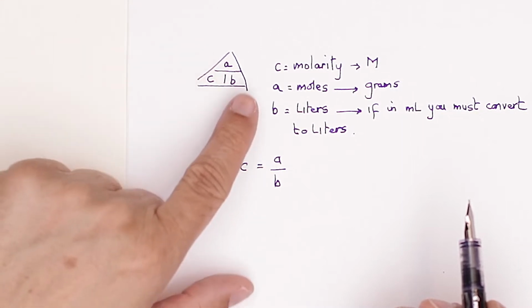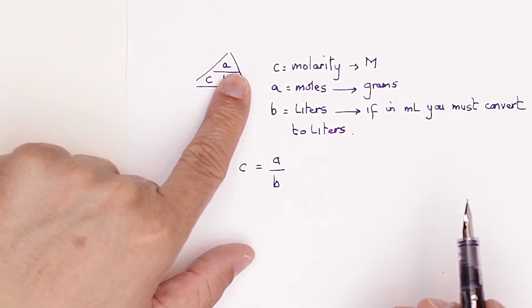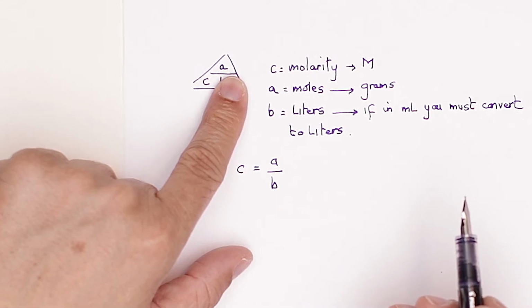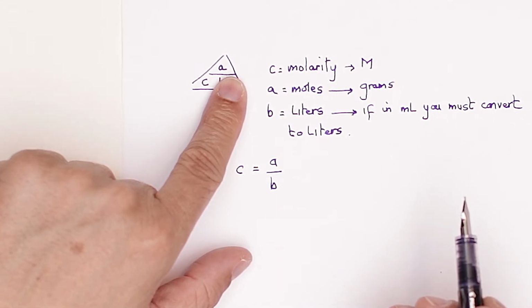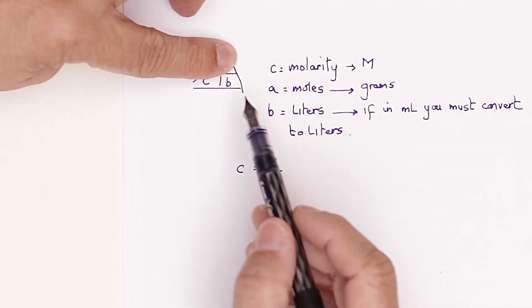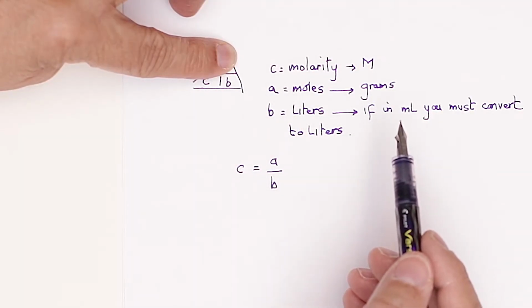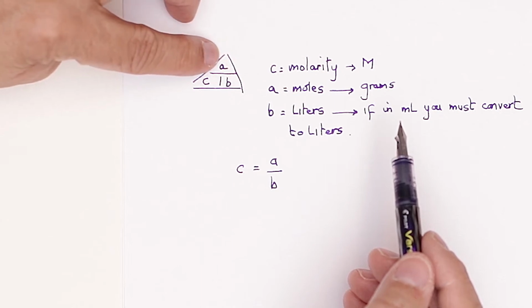If you're looking for liters, it's moles divided by molarity. So again, moles divided by molarity will give you liters. If you cover up A, which is moles, you multiply C times B. So that's molarity multiplied by liters. You're looking for moles, in that case A.